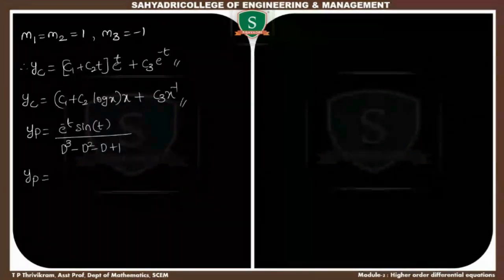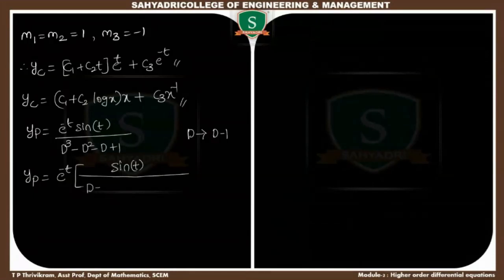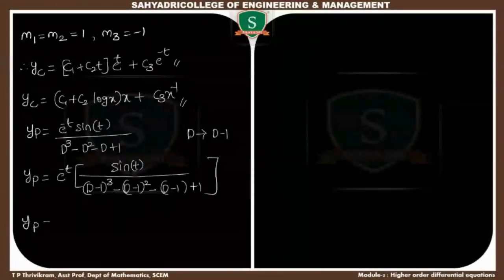So e power minus t into sine t. Here d must be replaced with d minus 1. So replace with d minus 1: d minus 1 whole cube minus d minus 1 whole square minus of d minus 1 plus 1. So here so much simplification is there. Do it carefully.